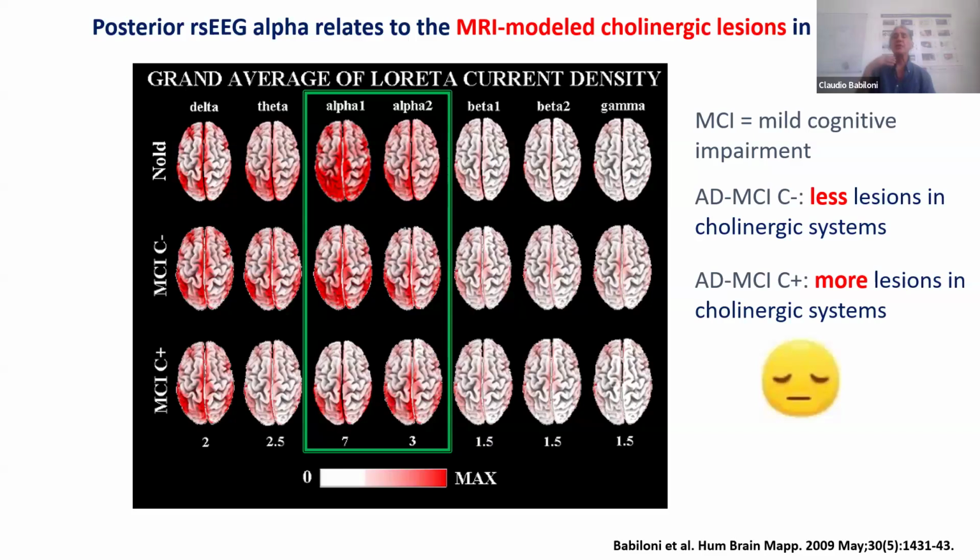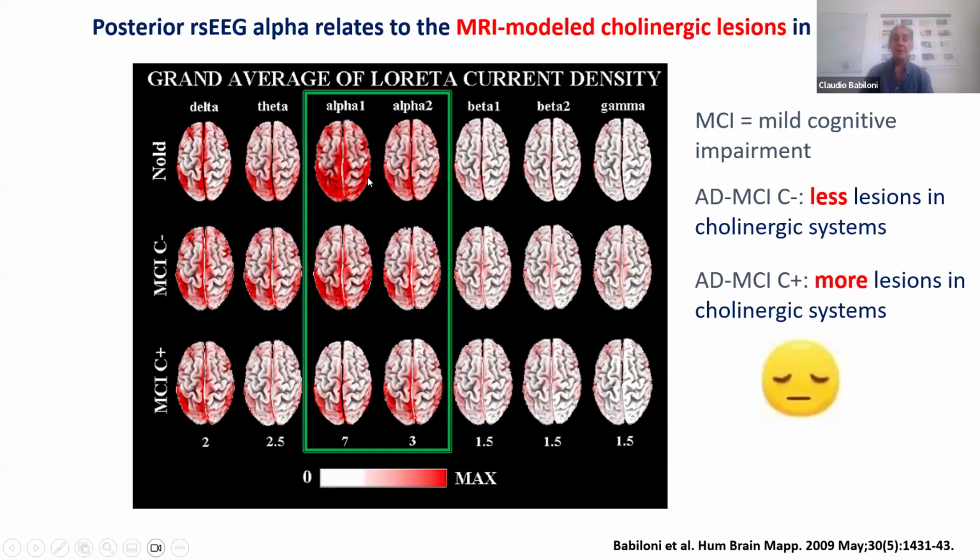We recorded EEG in Alzheimer's disease patients with cognitive impairment. We measured these lesions in the cholinergic tracts, and we divided the Alzheimer's MCI patients into those with less cholinergic lesions and those with more cholinergic lesions. So you see here the results.